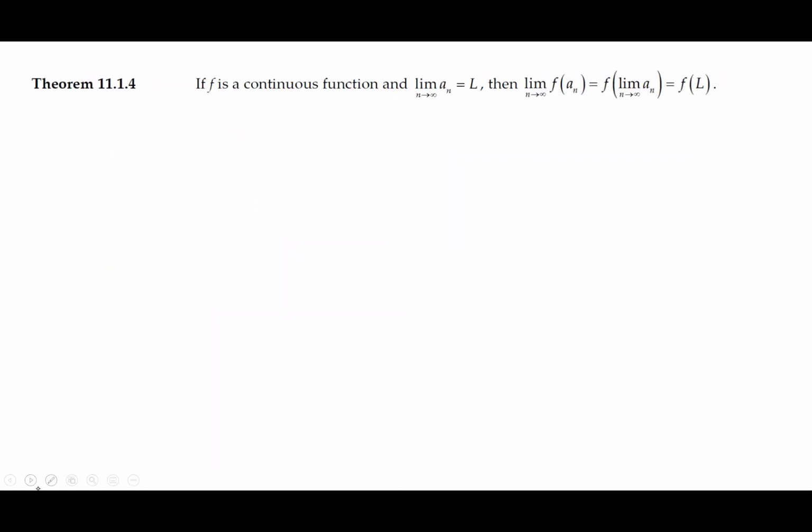All right. This is a nice theorem. Again, the proof is a little bit beyond the course, but essentially the limit of f of a_n is f of the limit of a_n. And so that's kind of a nice result. Let's apply this theorem.